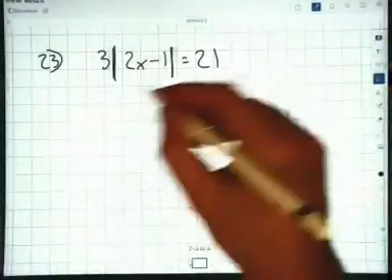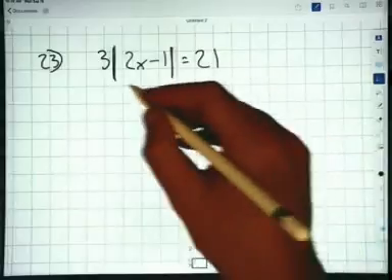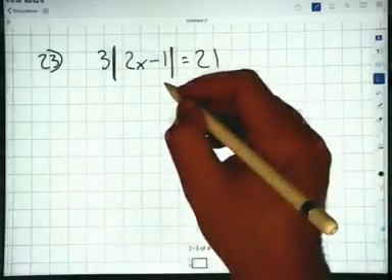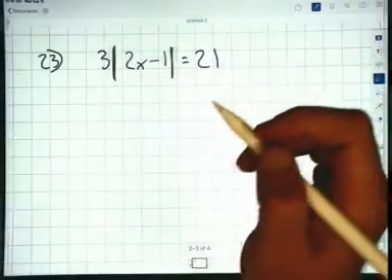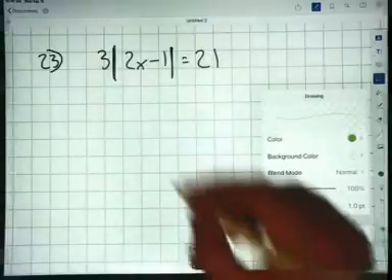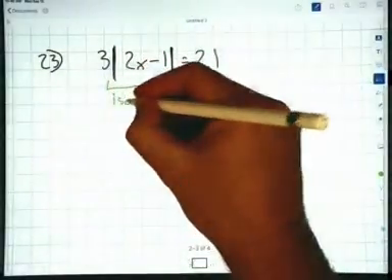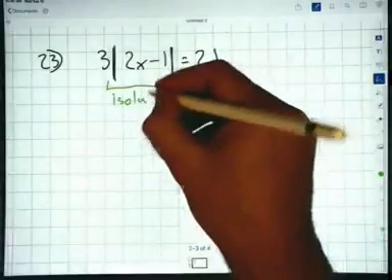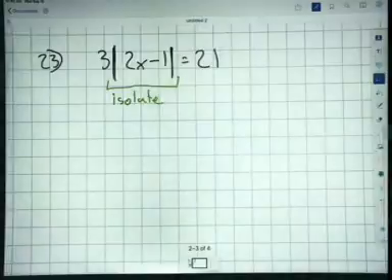These are a type of grouping symbol, but they have a special rule that says never distribute into them, never factor a GCF out. Think about first of all isolating the absolute value. So what are we going to do in this problem first?